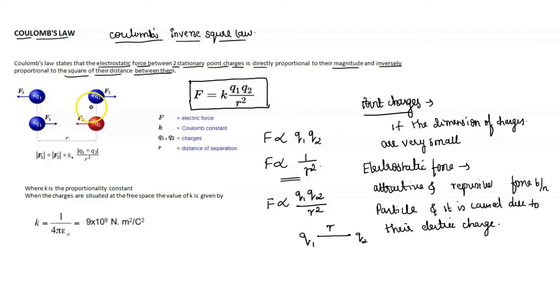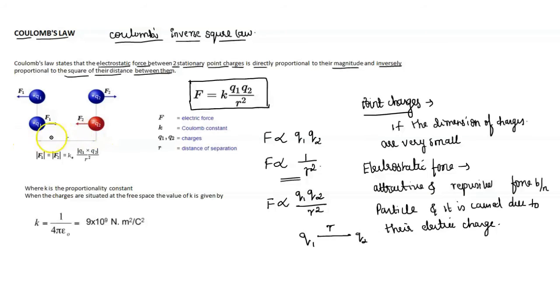The electrostatic force F will be attractive or repulsive depending upon whether the charges are like charges or unlike charges. In this diagram we have two cases: two positive charges, and one positive and one negative charge. In the case of two like charges, there will be a force of repulsion, because like charges always repel each other.